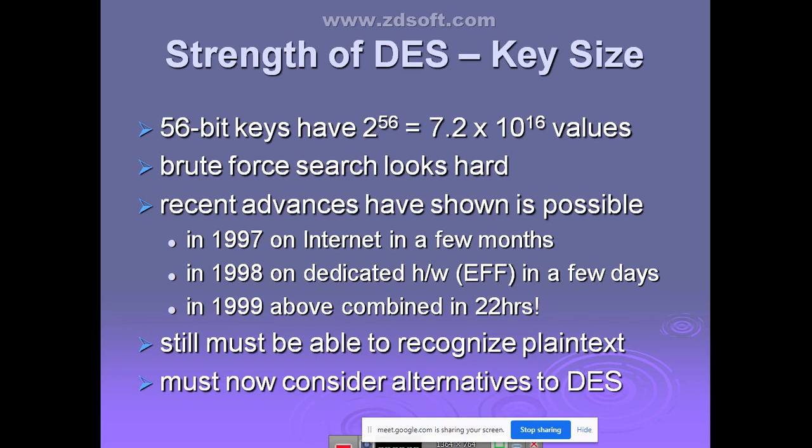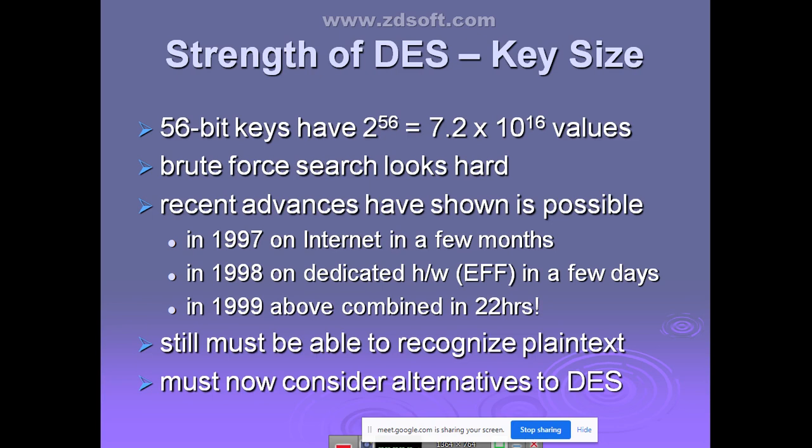Right? Then next we have seen exactly what the strength of the DES algorithm is. The first strength is the usage of the 56-bit key. A 56-bit key means the number of possible keys will be around 2 to the power 56, that is nothing but 7.2 into 10 to the power 16 possible keys.